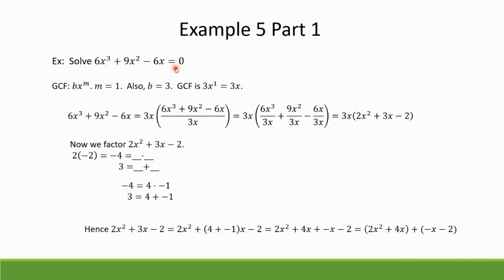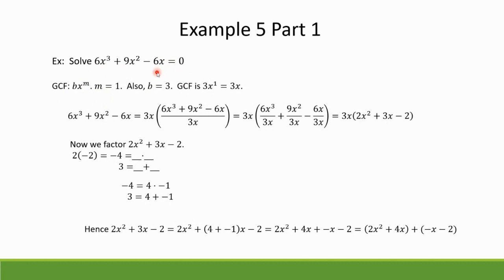But let's factor out the GCF. Let's find it and factor it. Remember the GCF looks like this, b times x to the n. The smallest power of x is 1, as we can see. So n is 1. 6 and 9 and negative 6.